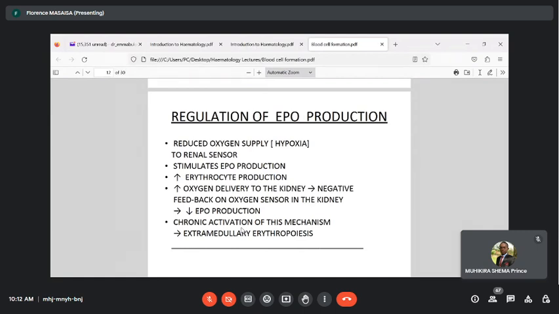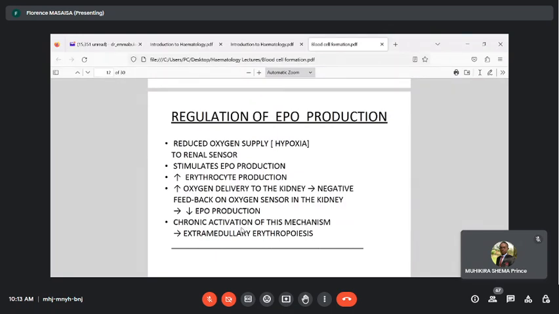In sickle cell disease. Sickle cell disease? Yes. How? It's because in sickle cell disease, the lifespan of the red blood cell is not normal.